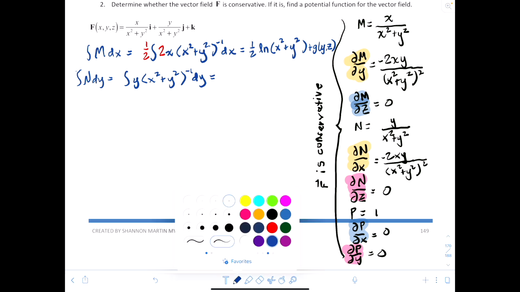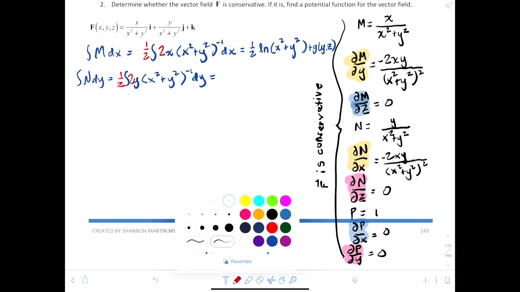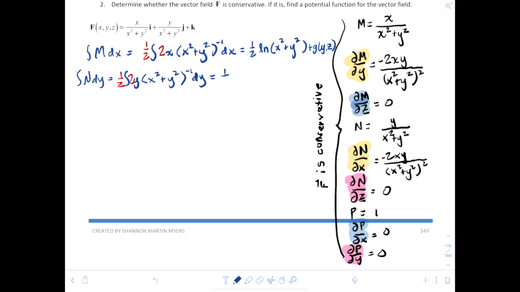So again, very similarly, this time we'd need a 2y in order to integrate, so we'll multiply by 1/2 on the outside, and we'll get 1/2 natural log of x squared plus y squared, plus some h of x and z.